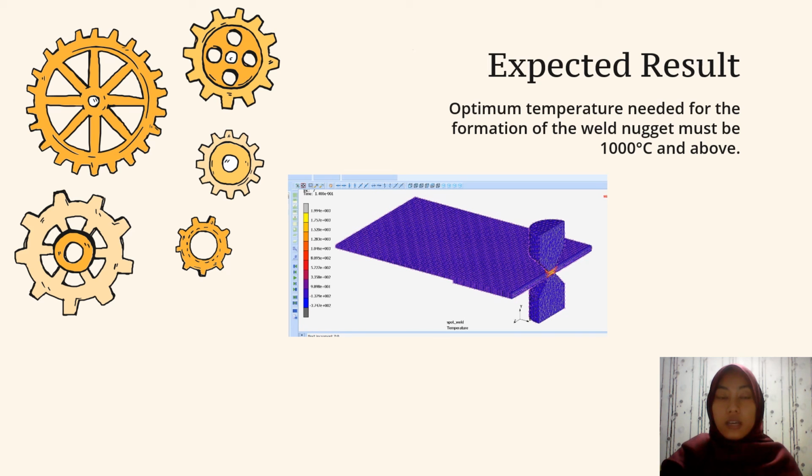It is because the melting point of S235 is around 1400 to 1500. So the temperature needed for the resistance spot welding to successfully form the weld nugget must be above 1000 degrees Celsius.